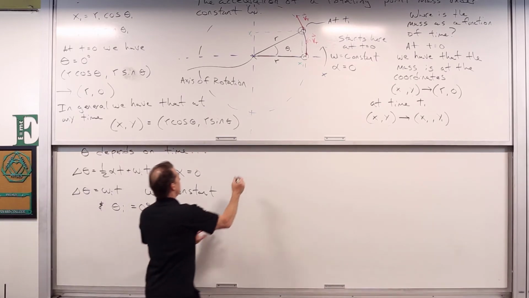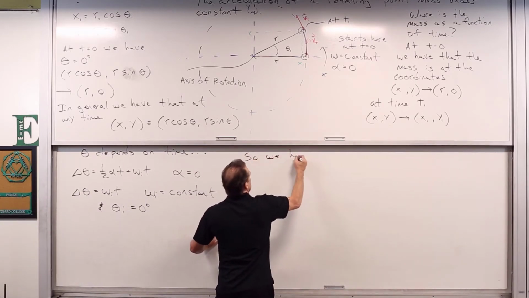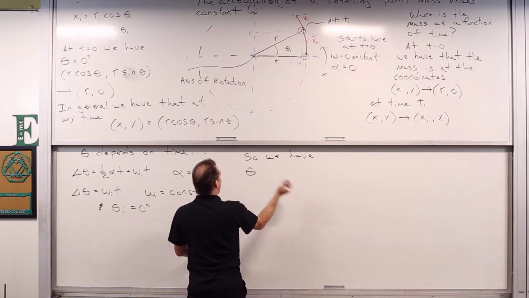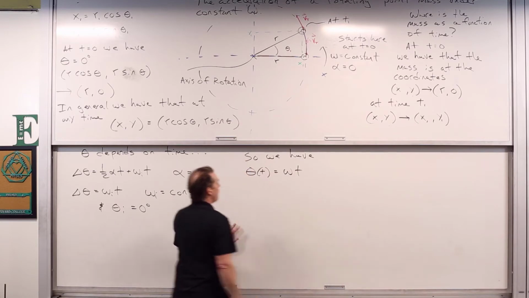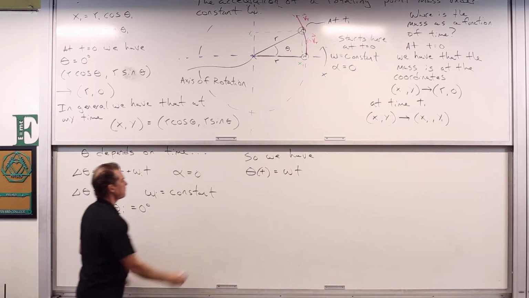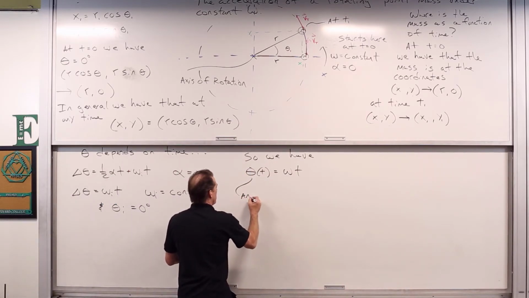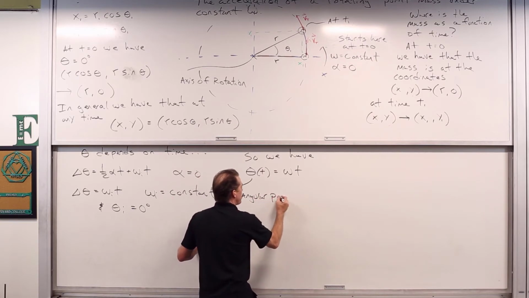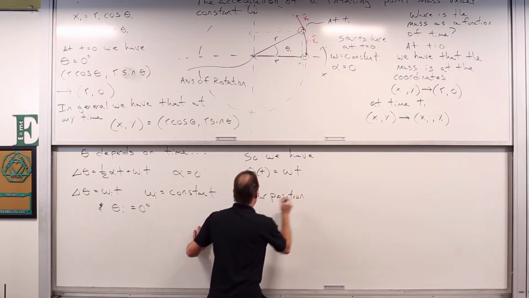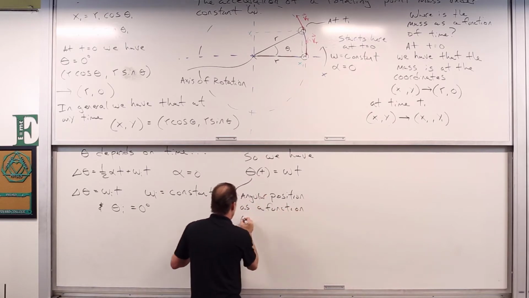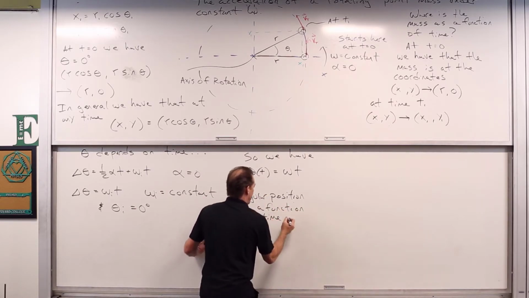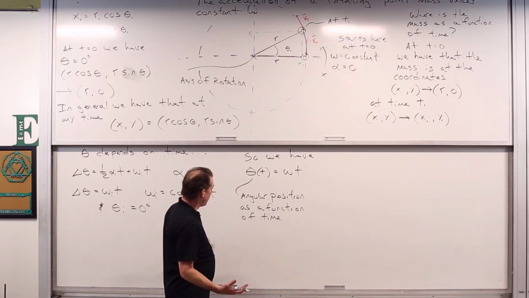From this, we have that theta as a function of time is just equal to omega times t. Angular position as a function of time.